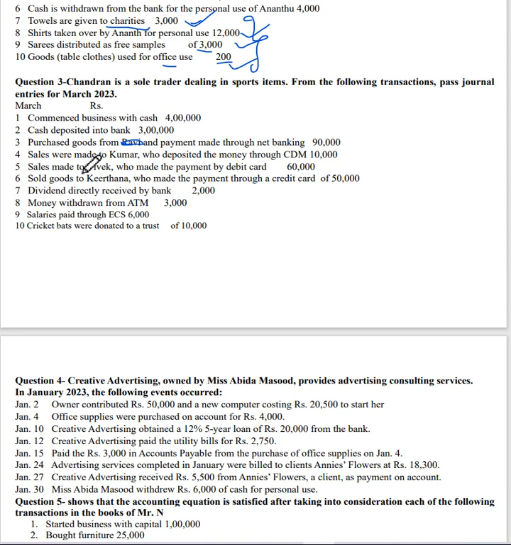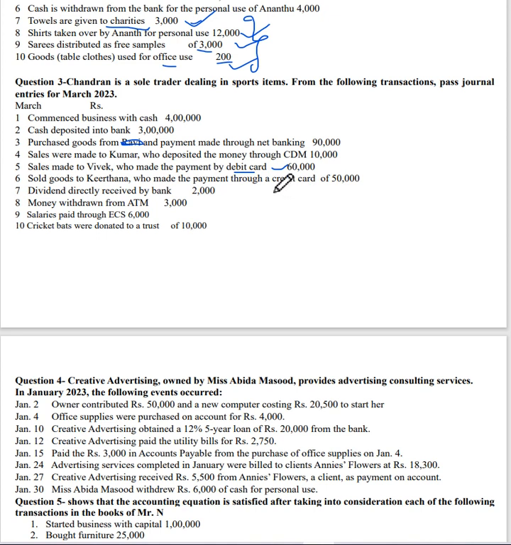Okay, next, sales made to Vivek, who made the payment by debit card. See, we sold goods to Vivek and he also paid the money to us by using a debit card. Again here debit card is a form of bank item, so here bank account debtors to sales account. Next, sold goods to Kirtana, who made the payment through a credit card.